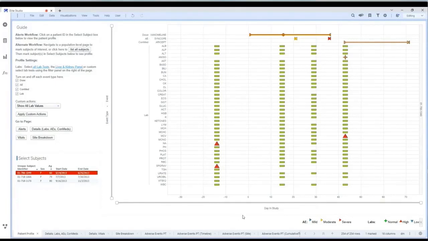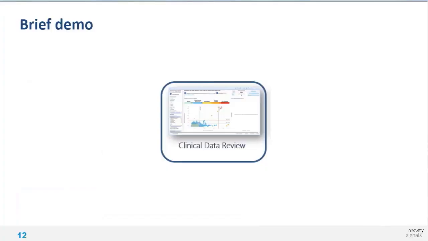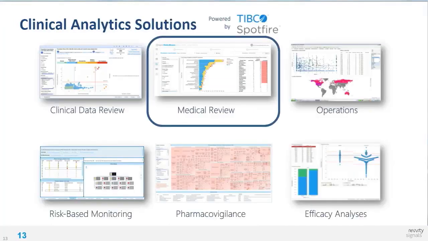For upcoming activities. So with that, I'd like to transition to a slightly different example that's less open-ended, and in which case we've actually derived a flow for processing the data for medical review by, for example, a medical monitor.